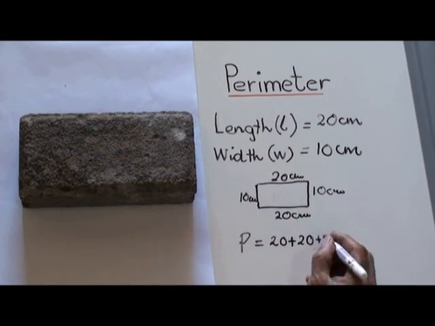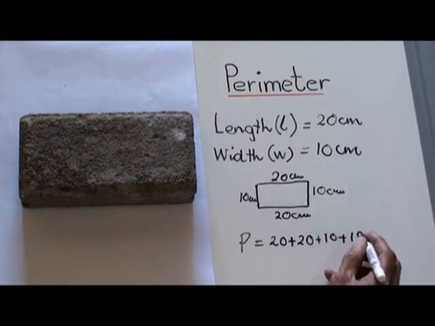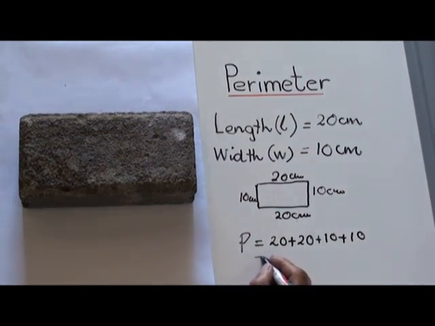So that's 10 plus 10. The perimeter is equal to 20 plus 20 is 40, it's 50, 60 centimeters.